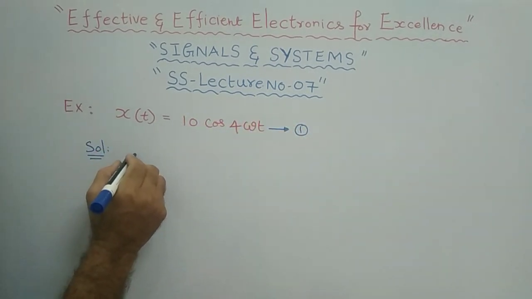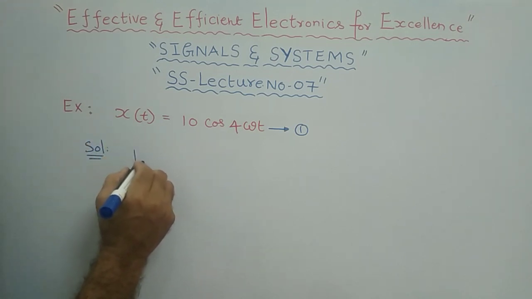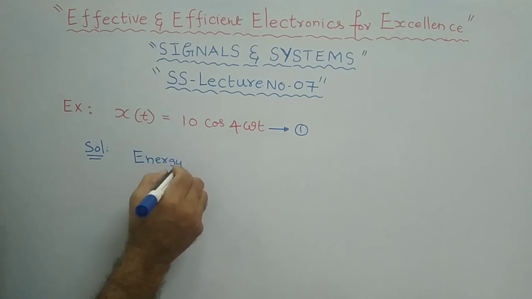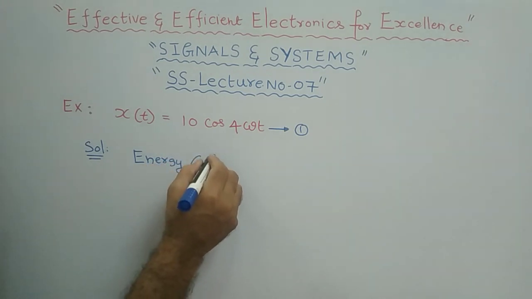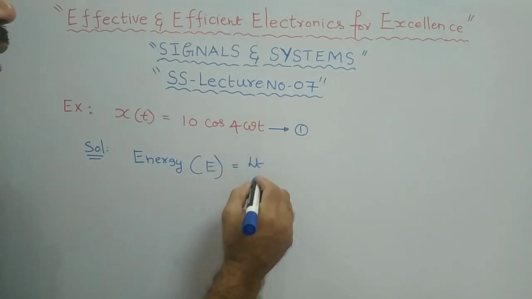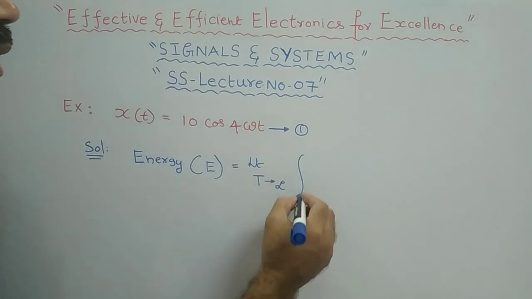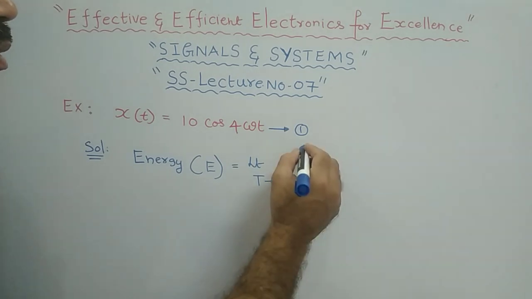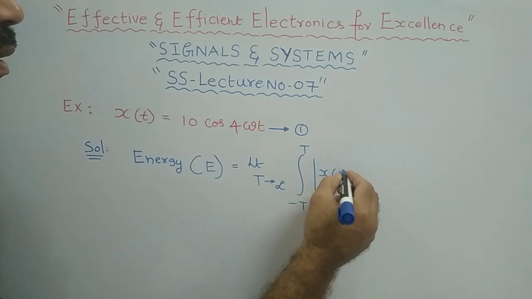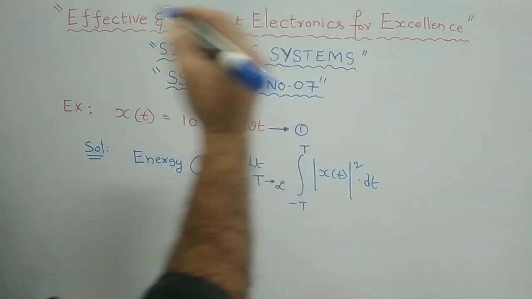Now, the energy of a given signal: the energy E is equal to limit T tends to infinity of the integral from minus T to plus T of magnitude of x of t whole square dt. This is your formula.